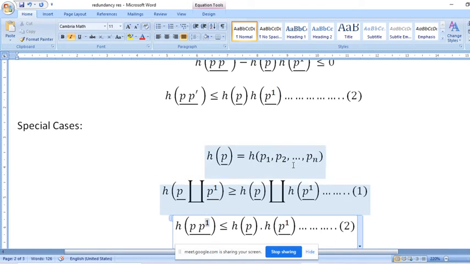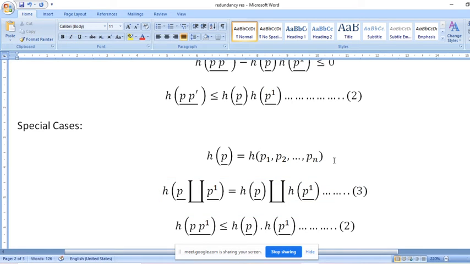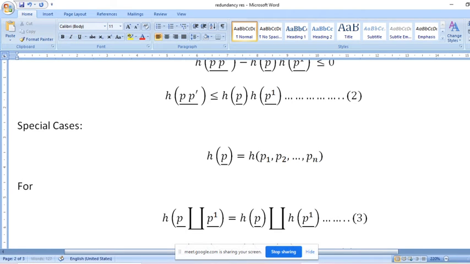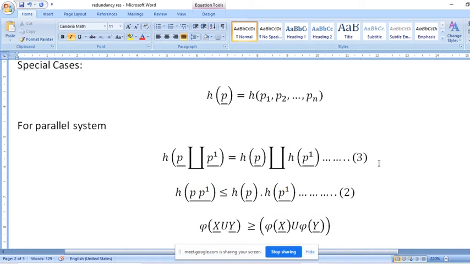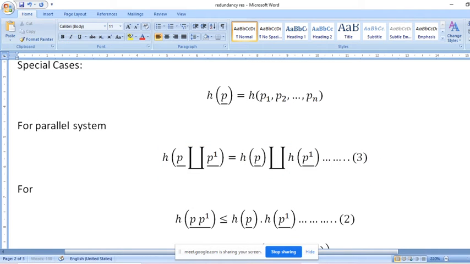So for a parallel system the equality holds, and for a series system equality holds in this equation.